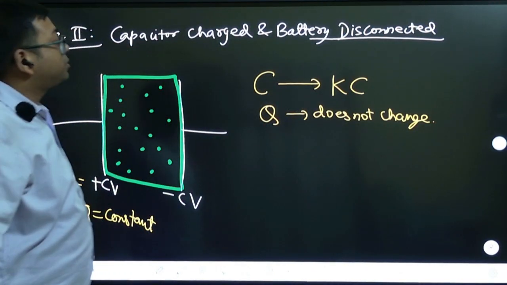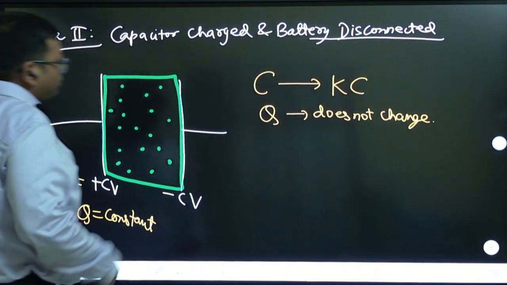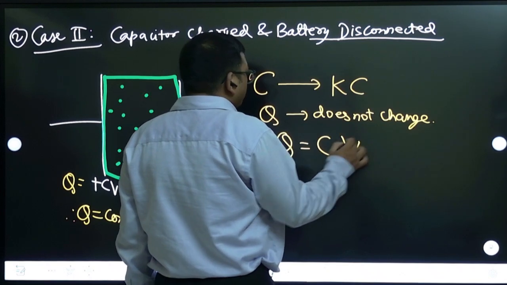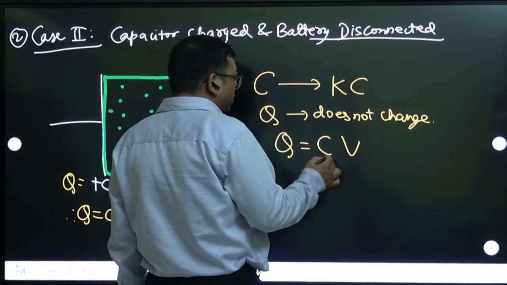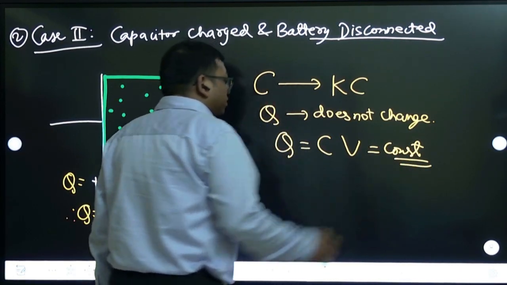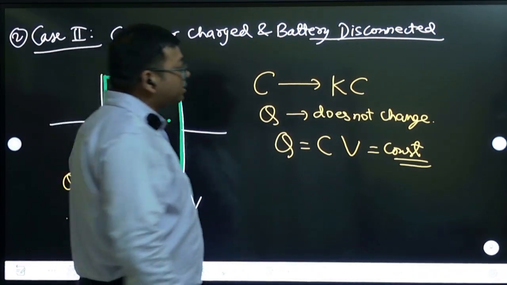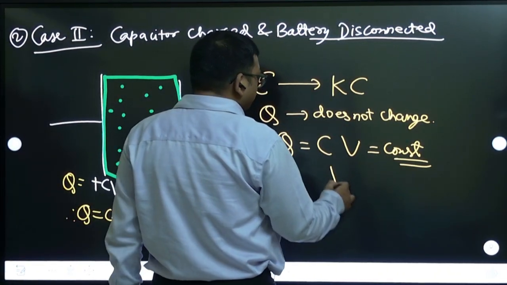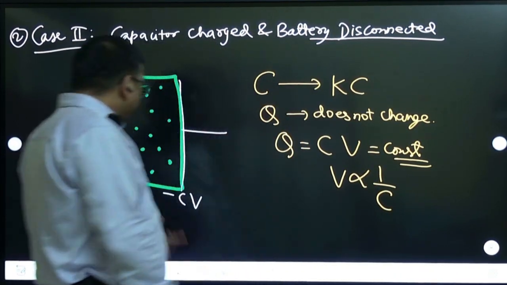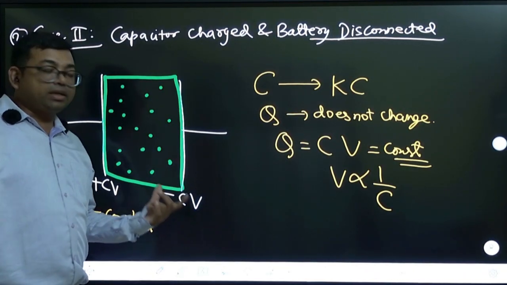Q will not change. So we can think of the simple formula: Q is equal to C into V, and because charge cannot change, the product must remain constant. So if C increases K times, then voltage has to decrease because V is inversely proportional to C. Now the potential difference across the plates will change.